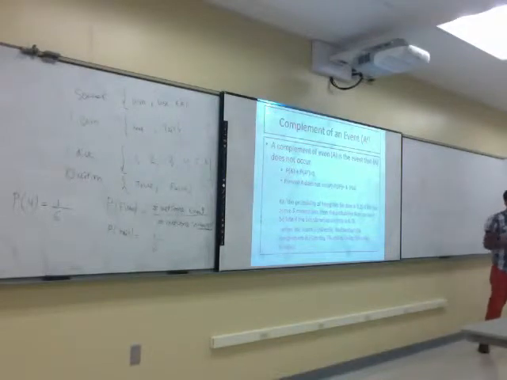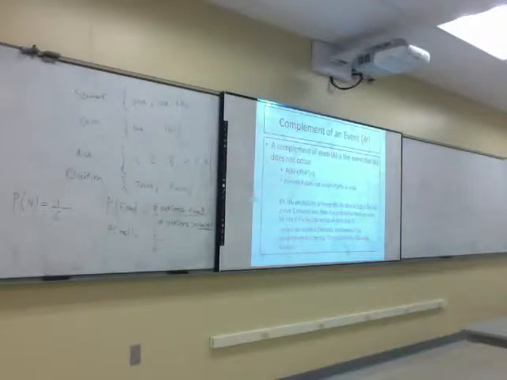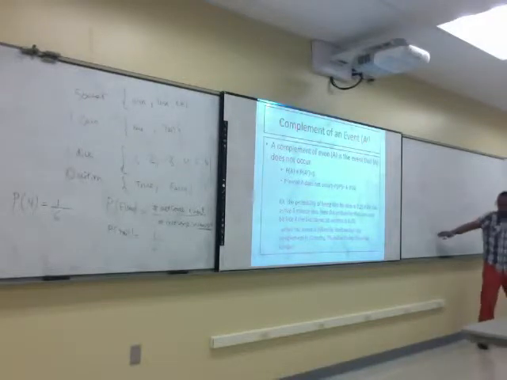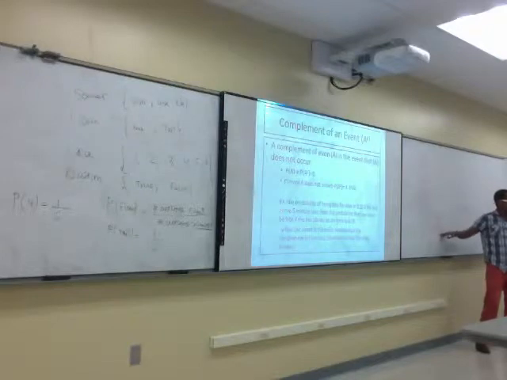So when we talk about complement, it means that within the same sample space that you have, if you're looking for one event within that sample space, the complement is the event that doesn't occur. Right? So if I'm only interested in head or tail, and in this case I'm interested in head, the complement will be tail. Okay? The event that doesn't occur within the same sample space.